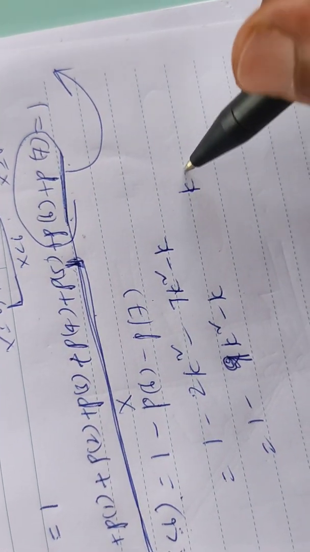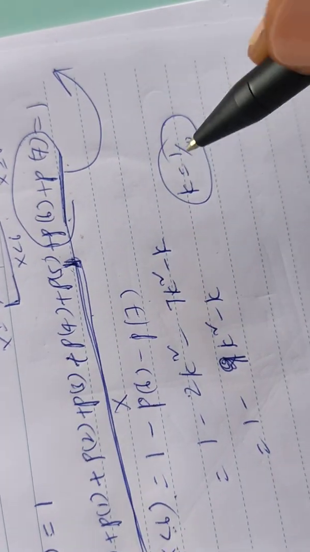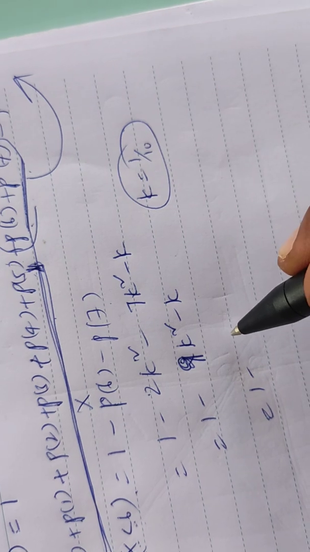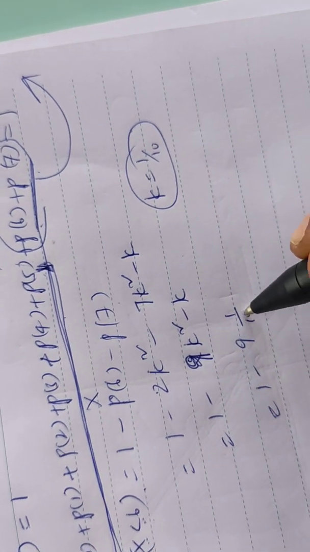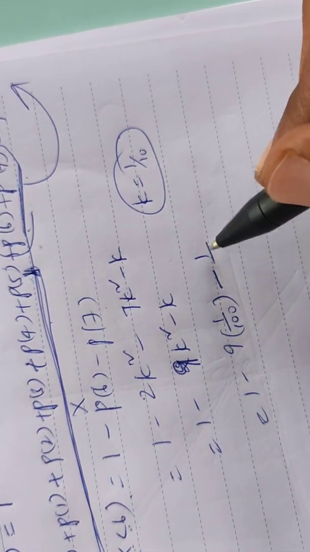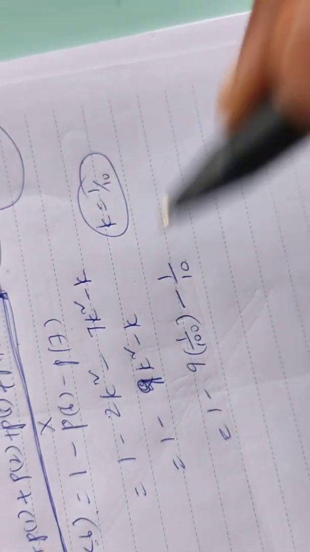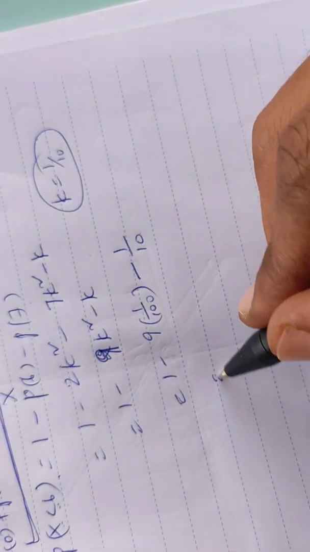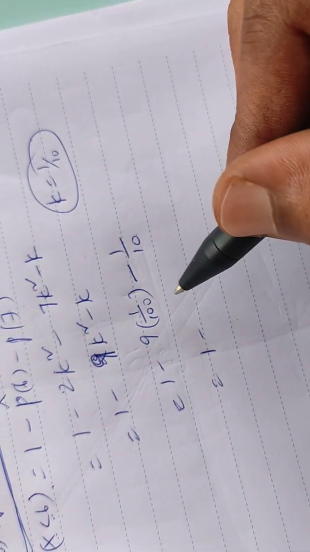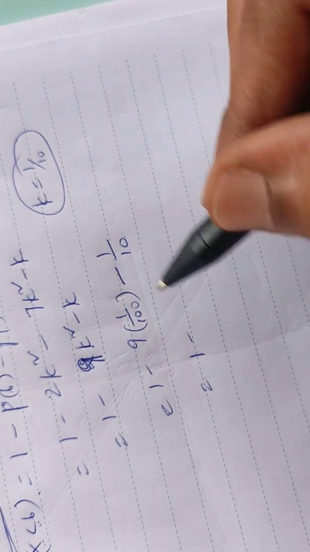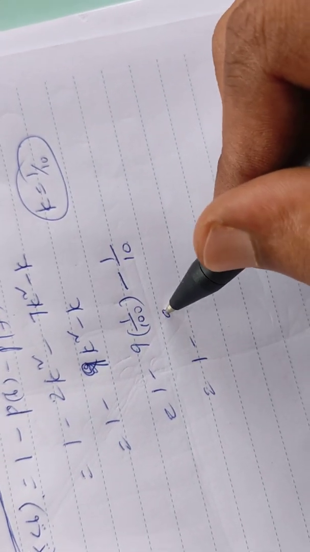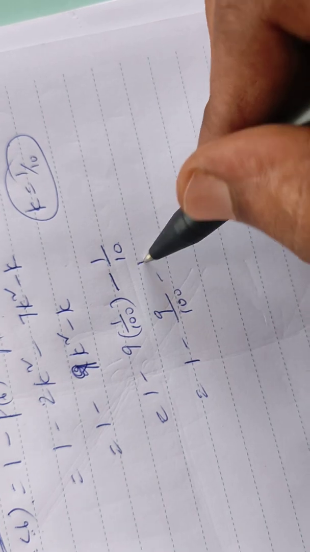And what k value did we take from the first problem? 1 by 10. So 1 minus 9 into 1 by 100 minus 1 by 10, because the square is there and 10 square is 100.